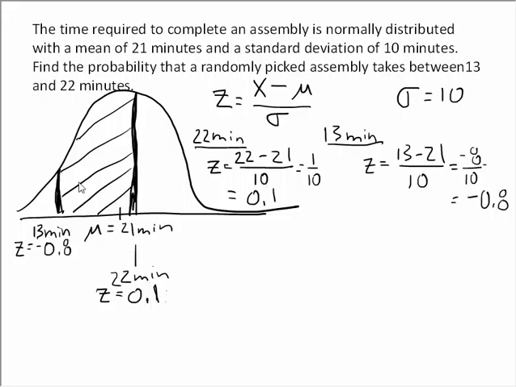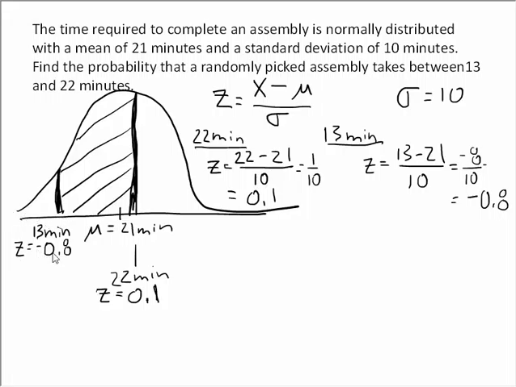All right, now we're looking for this area under the curve. And we can find these probabilities or areas under the curve by going to our standard normal table and looking up these z-values. But here's the tricky part. How does that table work? It measures from the left edge, some point over here, and it gives you the probability from that point all the way up to your z-value of interest.